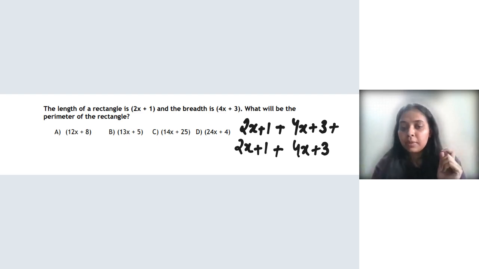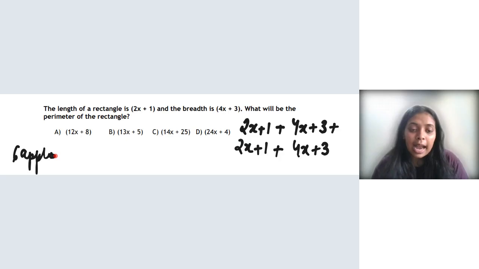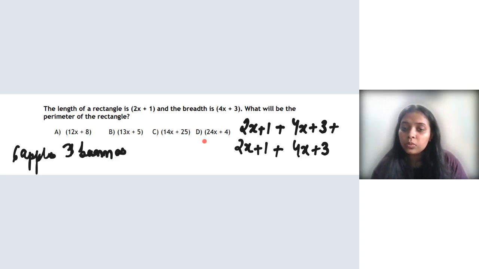Okay. You had 2 apples. I had 4 apples. How many apples we will have? 6. And you had 2 bananas. I had 1 banana. How many bananas we will have? 3. Can I add those 6 apples and 3 bananas together? Yes.